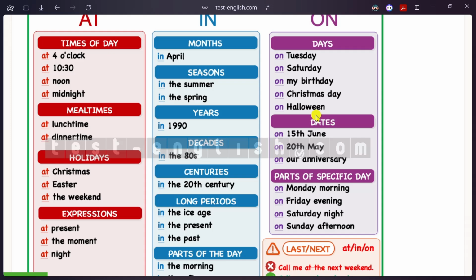Can we use at Halloween? On Halloween day, yes. On Halloween as well. I think it's not at Halloween, it's just how it is said. Your message would probably be understood. It's not a big mistake or anything. It's just not the natural way they talk.